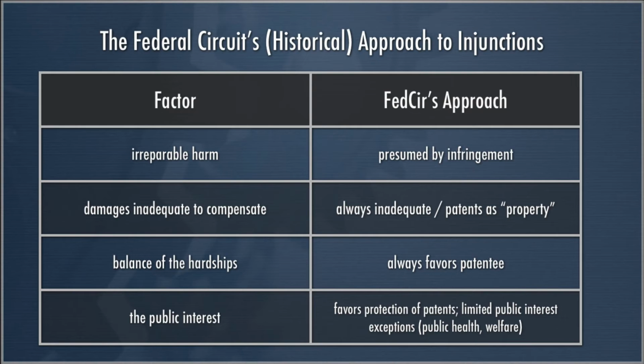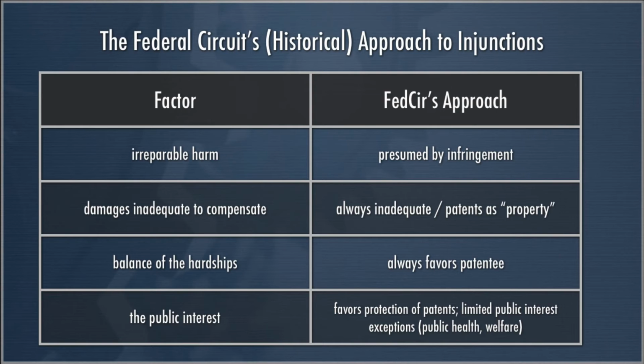They would always say that irreparable harm was presumed by infringement, right? The argument here was patents are special. Patents, by their definition, are a right to exclude people from the scope of whatever you've invented, and allowing people to trample upon that right would undermine dramatically the incentive structure, the whole point of getting a patent.